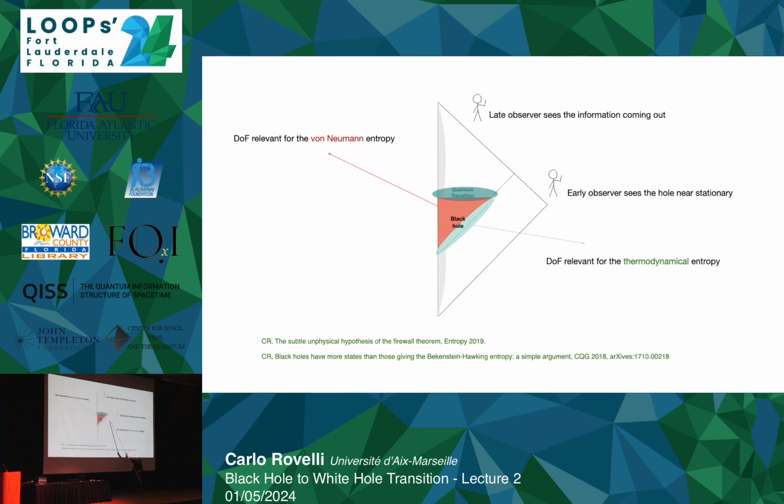So the Hawking radiation that comes out can be entangled with what was inside, even if the thermodynamic entropy describing the interaction here is bounded by the area, which is going down with time. Of course, if you wait after the transition, then you can recover all the information inside.